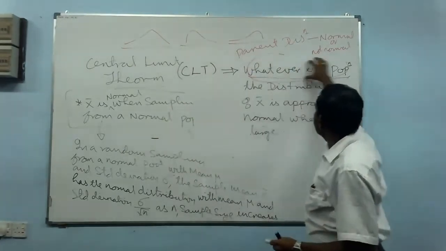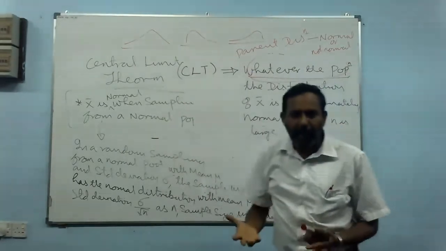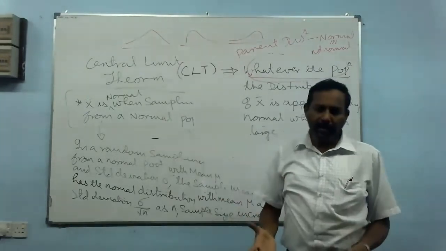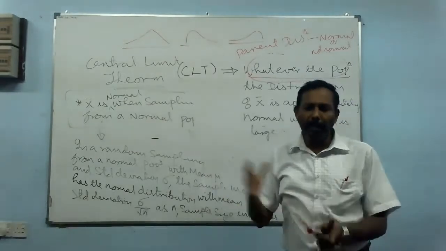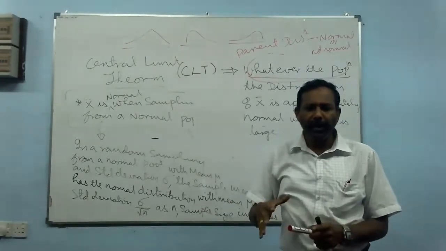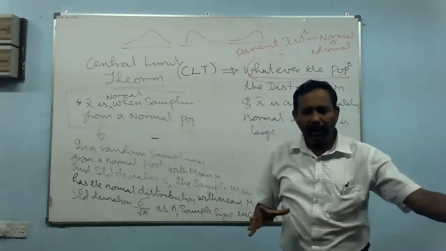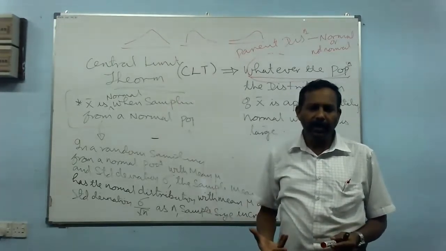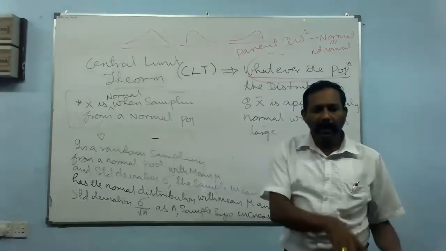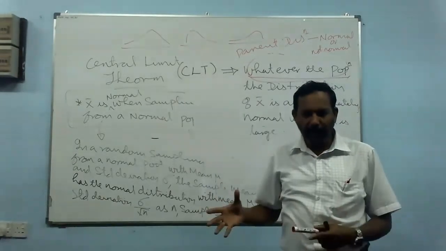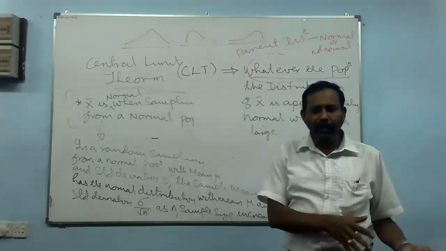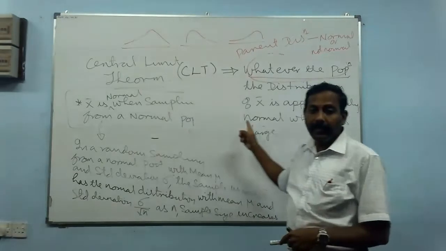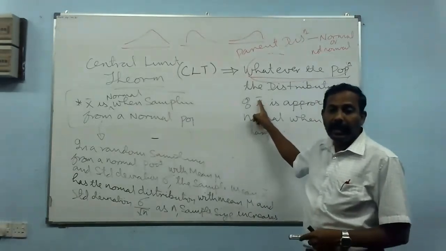Here we said whatever the population. That means the parent population may be a normal distribution or may not be. If the parent is a normal distribution, don't worry, because the daughter distribution also will be normal. But what the central limit theorem says is that it doesn't matter.